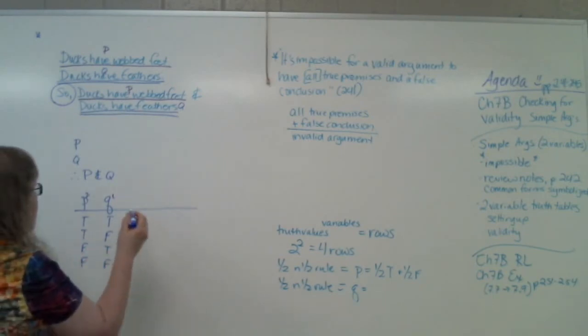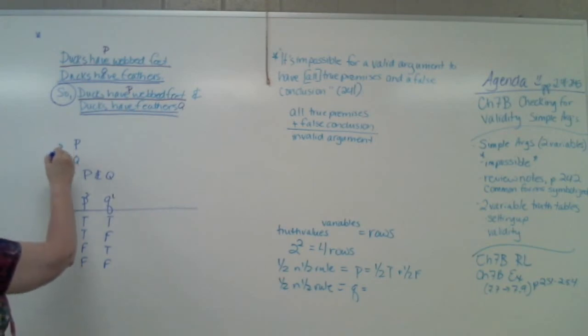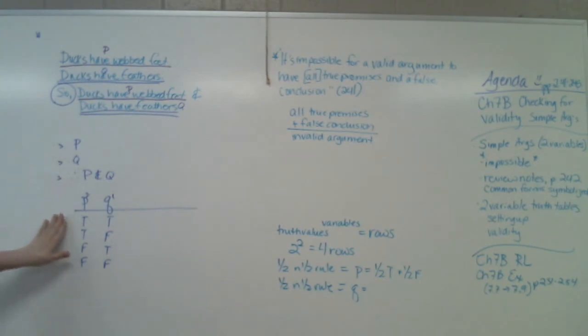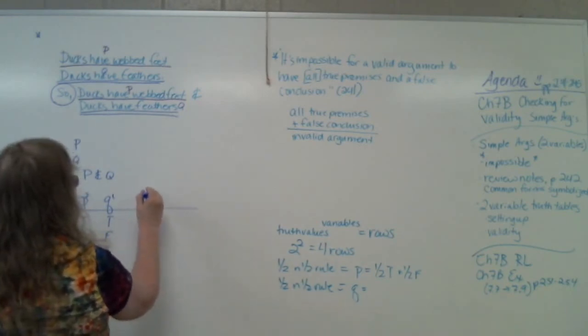Then what you have to have next is each premise gets its own column, and so does the conclusion. Well, since my 2 variables are my first 2, I'm not going to repeat them. Okay, we'll repeat them later. So I always make myself a note.